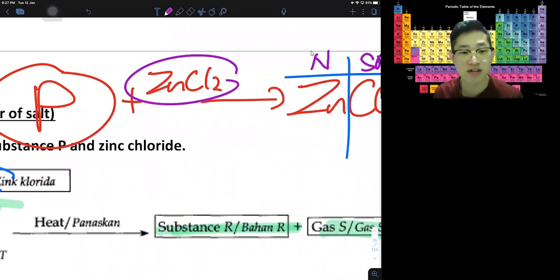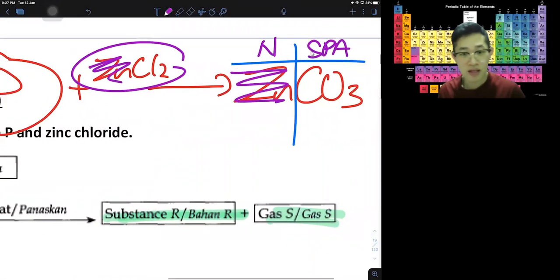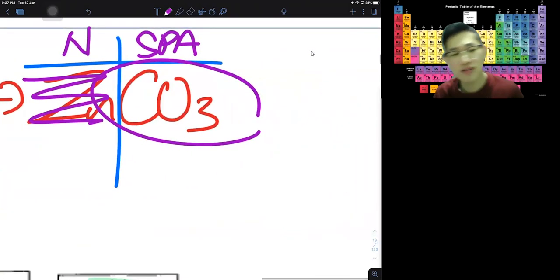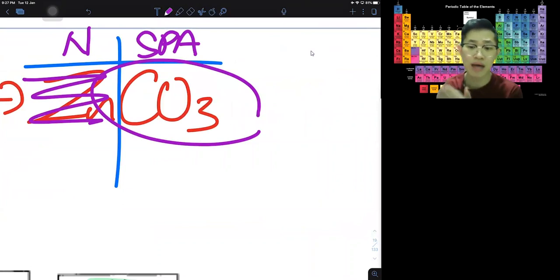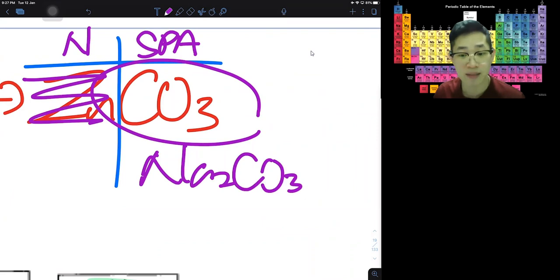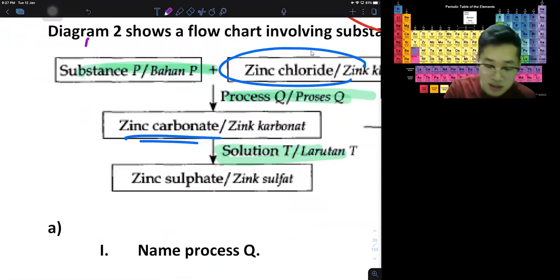Zinc chloride is already here. You see, zinc already got zinc. Now they need the other half, which is carbonate. You just pair it with something on the top. It can be sodium, potassium, ammonium. So I pair it with sodium and make it sodium carbonate. So my answer for P is sodium carbonate.